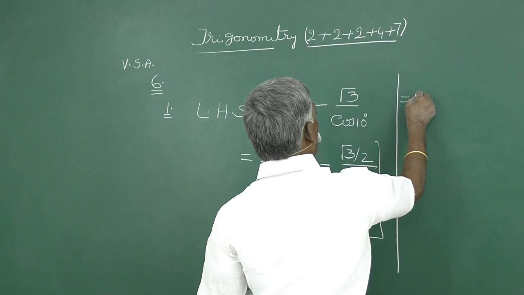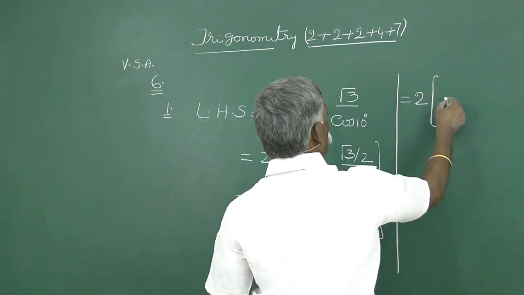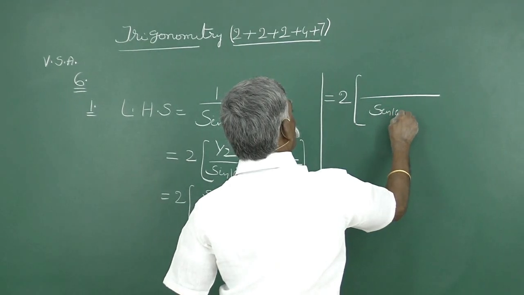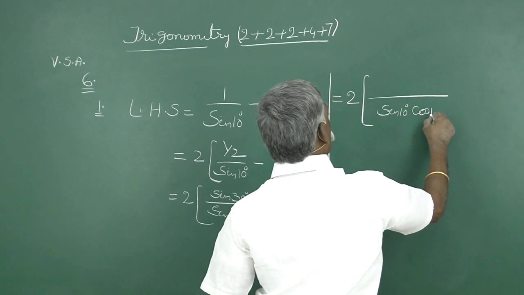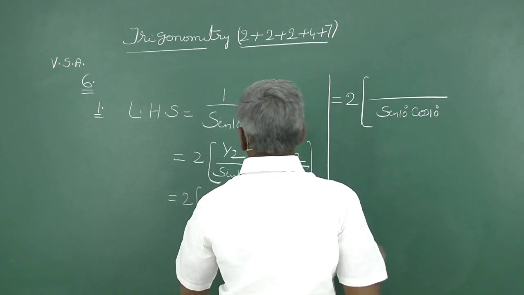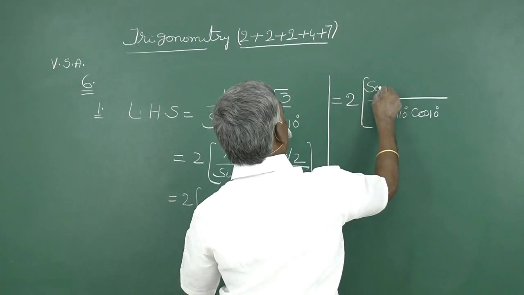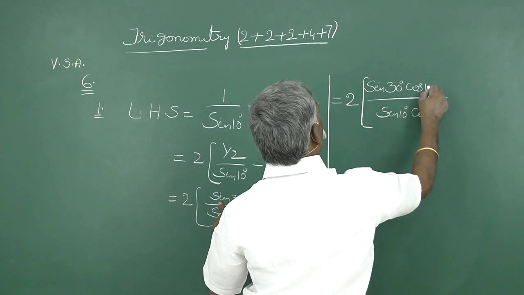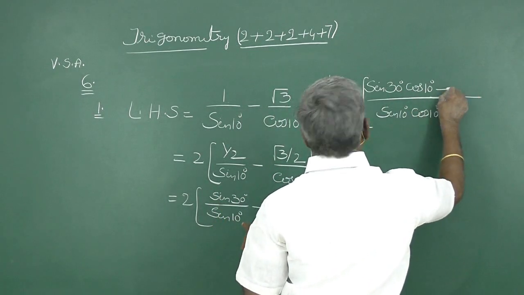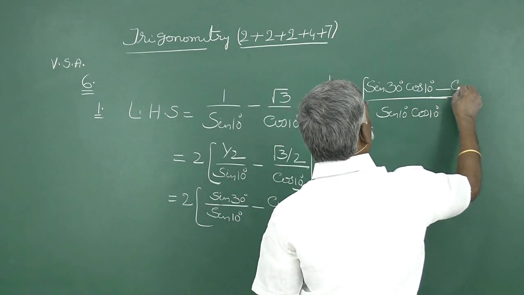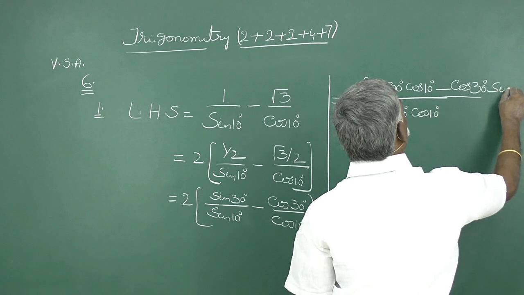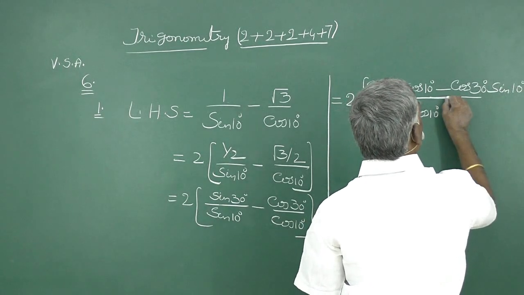Therefore, this is equal to 2 into the LCM, sine 10 into cos 10. In the numerator, we will get sine 30 into cos 10 minus cos 30 into sine 10 degrees.